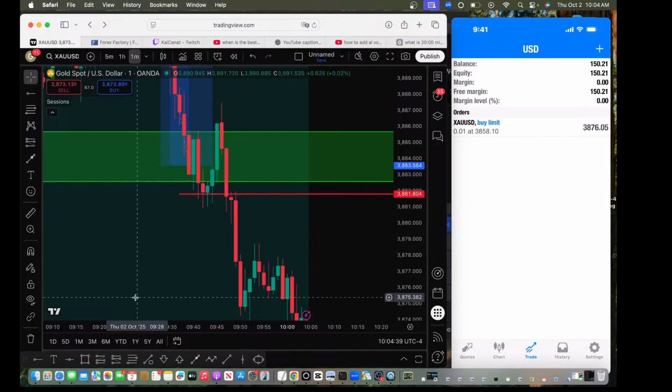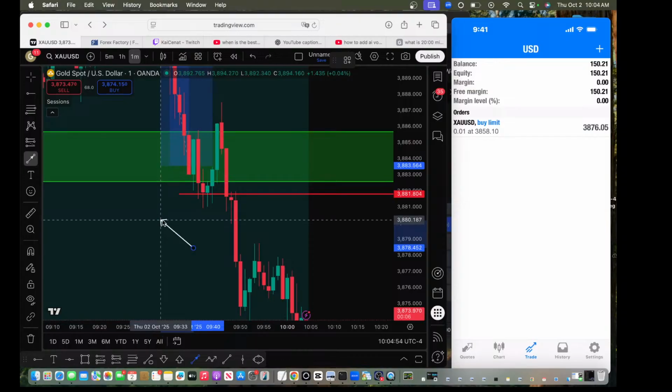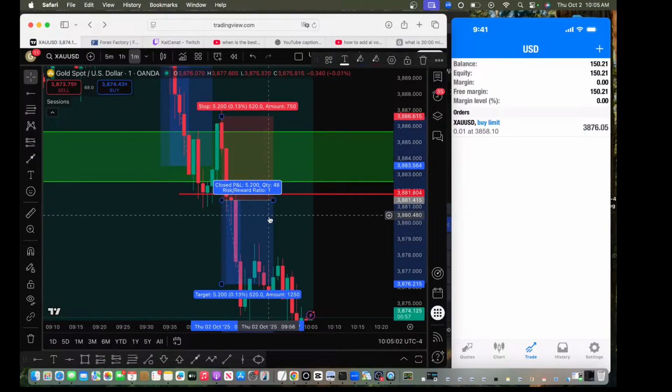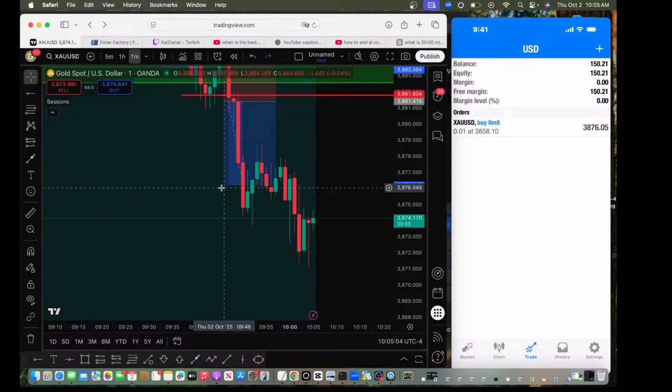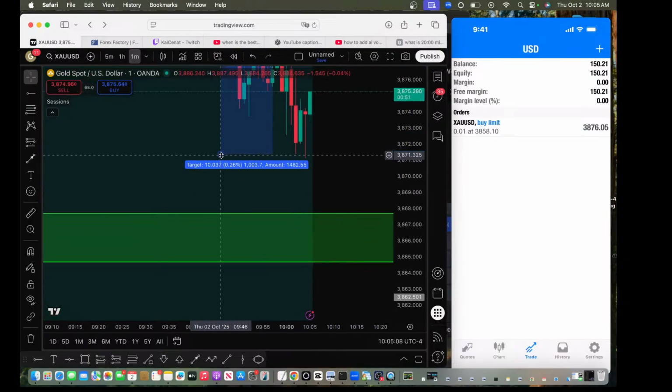As you can see, the same exact thing happened, right? Area of structure. Price broke above this area, broke below. Now we have a lower low. Price came back and retested, so you could have gotten in right here as well. And then you have to ask yourself, where can I take this trade? Well, I know the next zone is all the way down here.